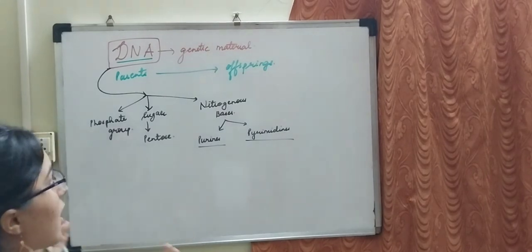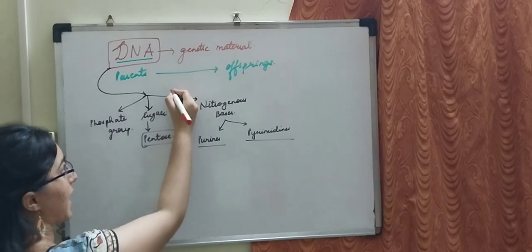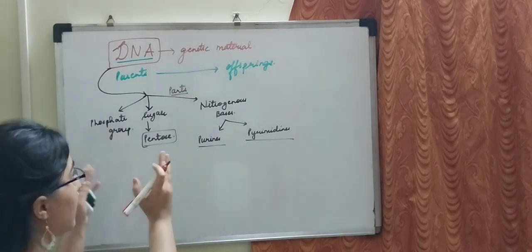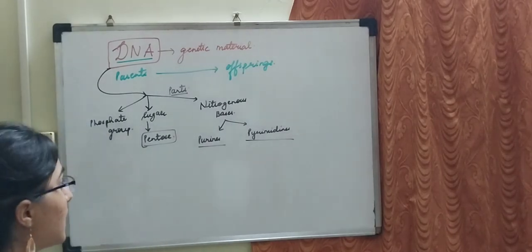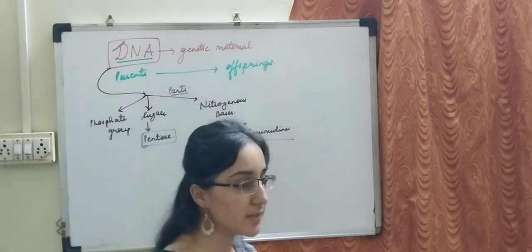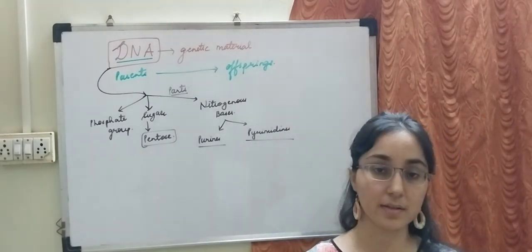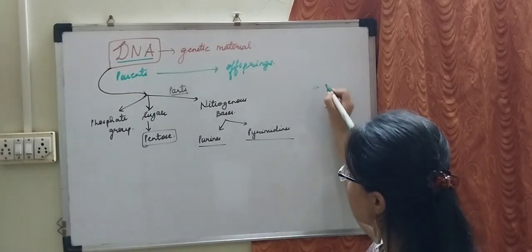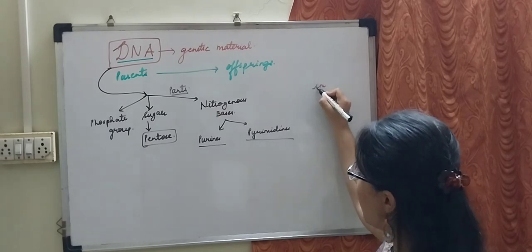So this is all about DNA and its parts. There are three parts in DNA. So DNA is made up of these three parts. So further speaking about DNA, the size of DNA is in centimeters. It is in centimeters, which means DNA is so long.